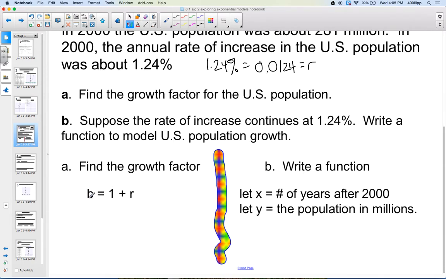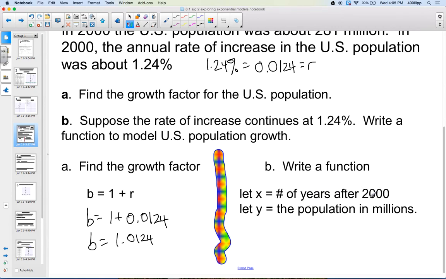So we can find a couple of things here. First, the growth factor, which will be b, and we're just going to plug that into our equation here: 1 plus 0.0124. So b is equal to 1.0124. Then we'll write an equation. It says let x equal the number of years after 2000.